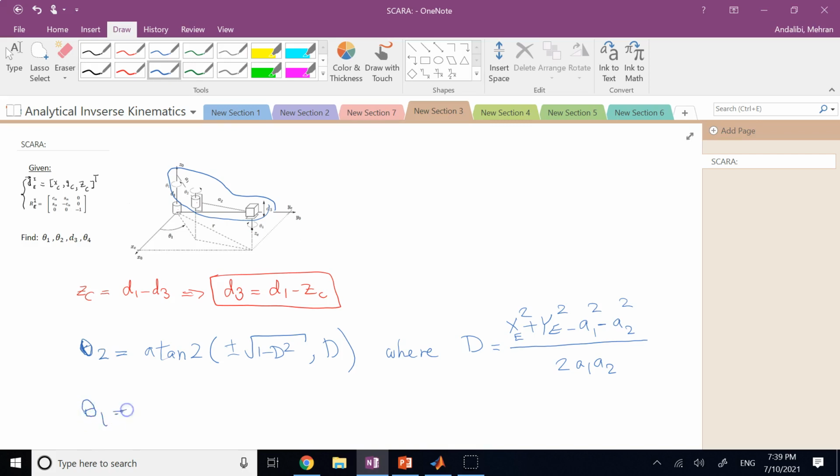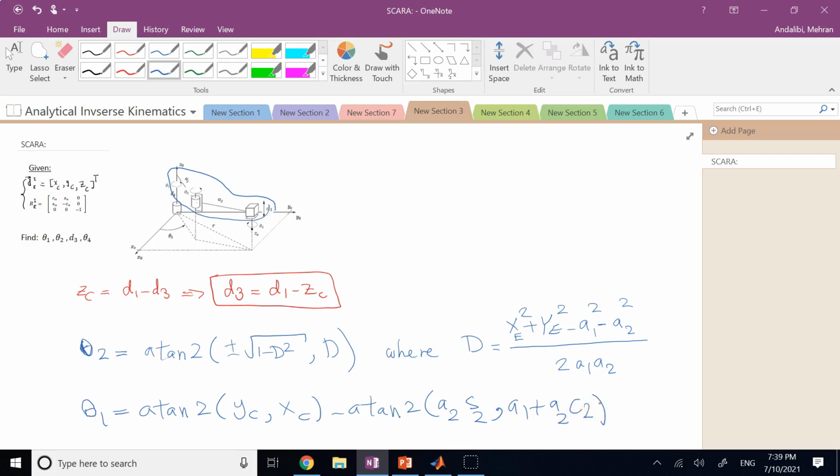If you remember, it was arctangent 2 of yc and xc, minus arctangent 2 of a2 sine of angle 2 and a1 plus a2 cosine of angle 2.